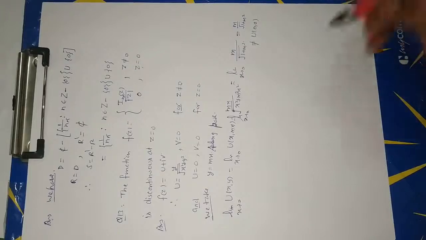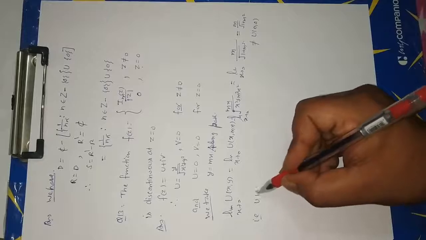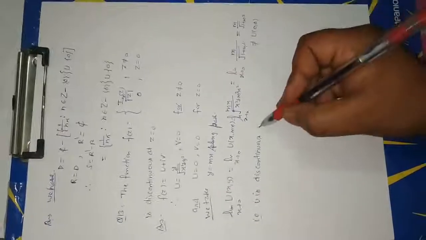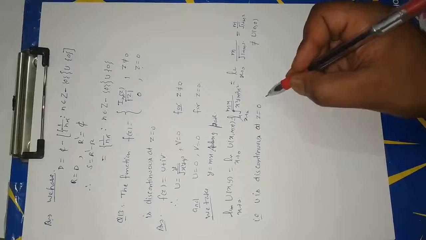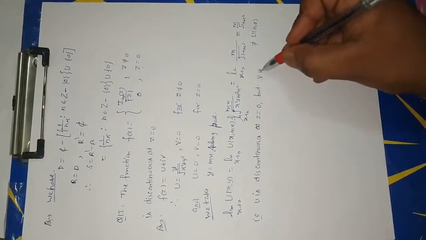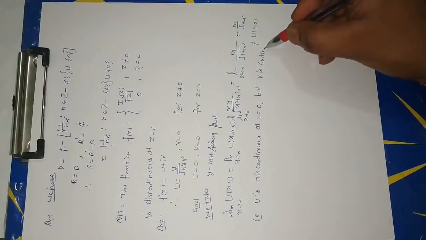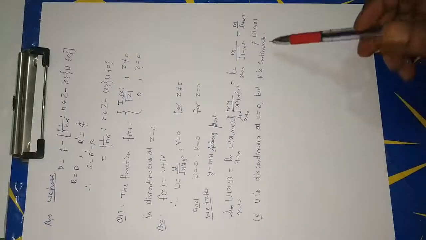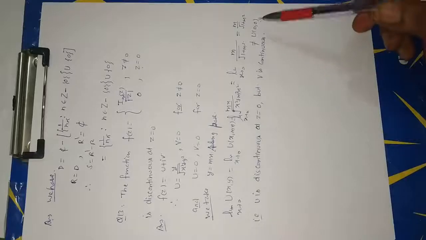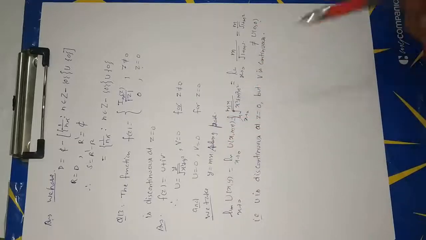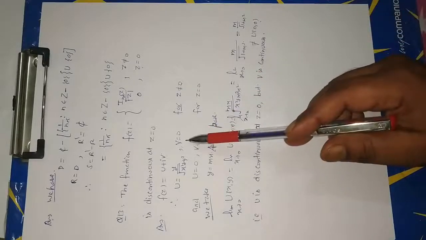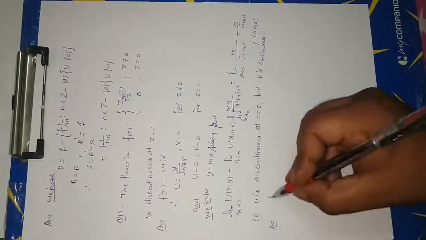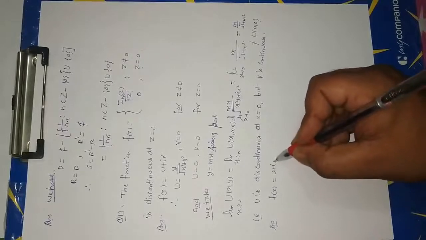Hence we can say u is discontinuous at z equal to 0, but v is continuous, since the limit of v at (0, 0) is equal to v (0, 0). So f z equals u plus i v.